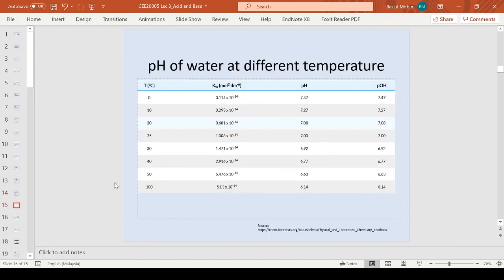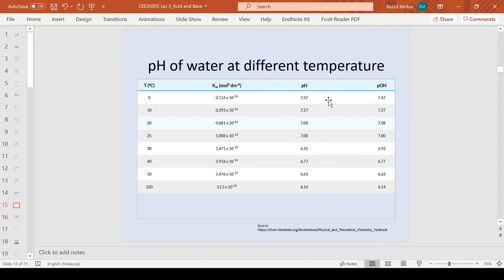And we will see from this table that at 25 degrees pH is 7, pOH is also 7, and pH plus pOH is 14. We will see that later, and we also know from before that the sum of pH and pOH is 14 always.